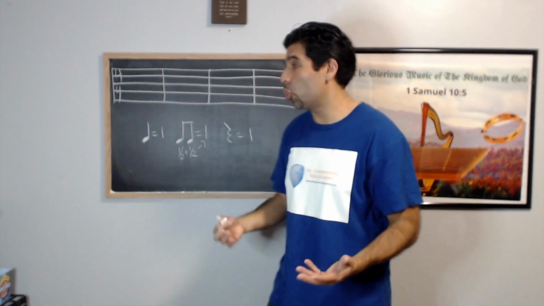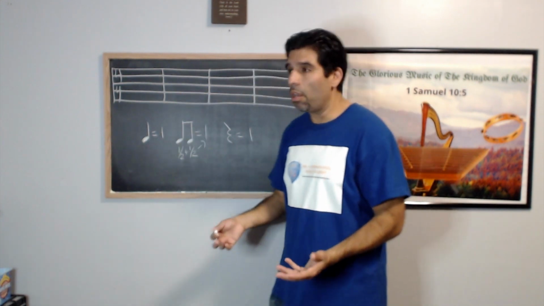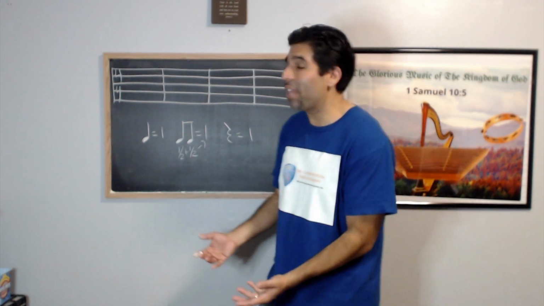We're just doing 4 measures as a short example. In actuality, in a song, just because it's a 4/4 meter doesn't mean we have to have only 4 measures. We can have 5 measures. We can have 10 measures. We can have 100 measures if that's what a song calls for.